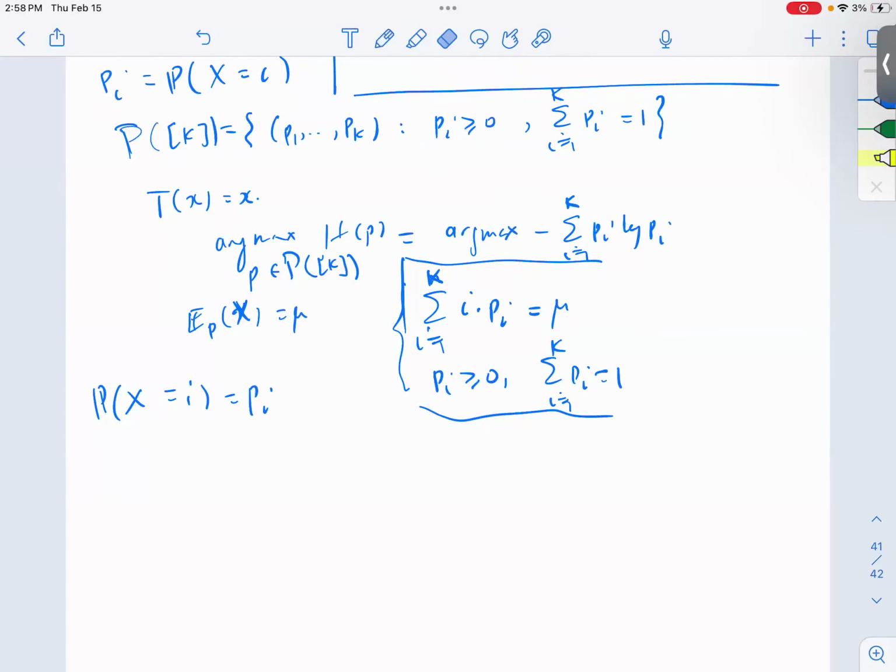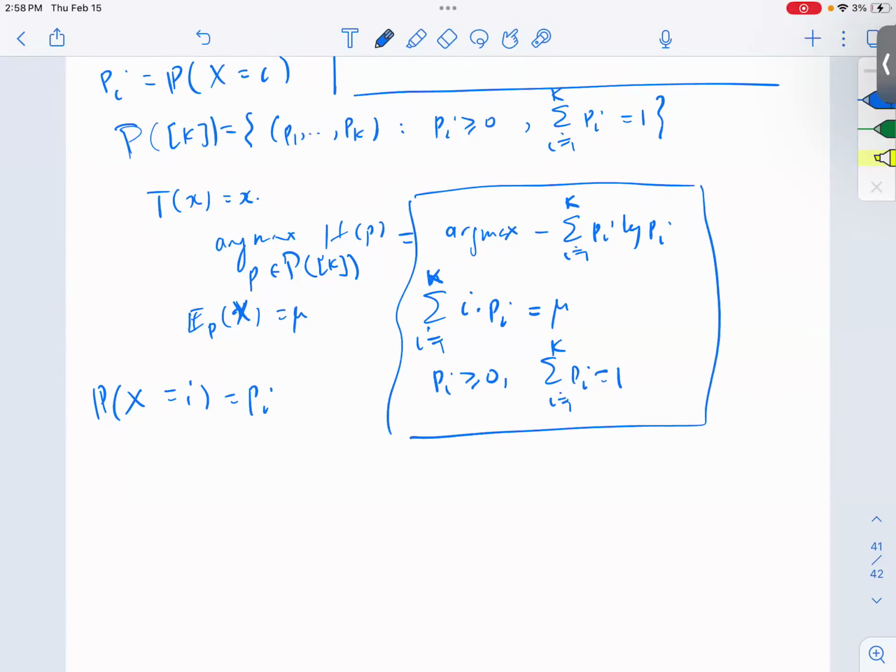This is concave, actually. So if you minimize, this is a concave problem with linear equality and inequality constraints. So we can solve this as a convex optimization problem.